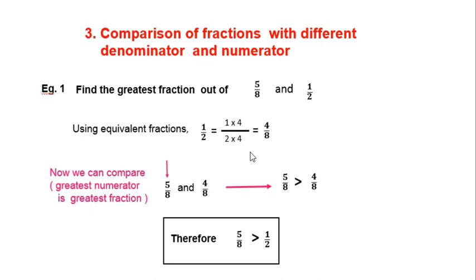So we can make the same denominator or numerator using equivalent fractions. Now here we should multiply half by 4. We will get 4/8. Half is equal to 4/8. So we can write like this: 5/8 is greater than 4/8. Therefore, we can find 5/8 is greater than half.